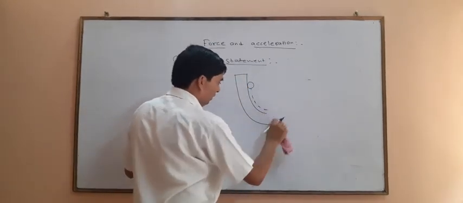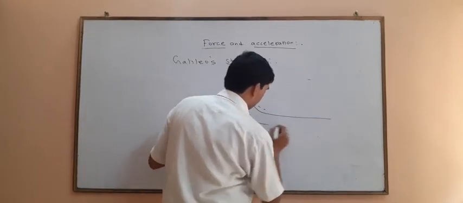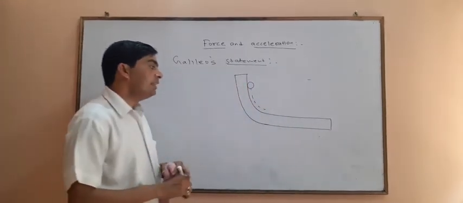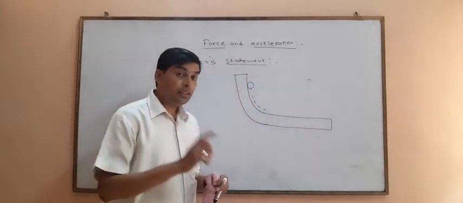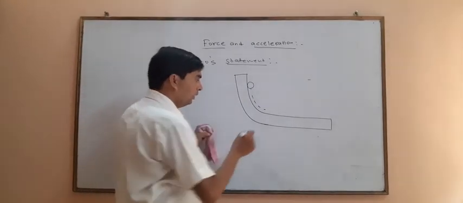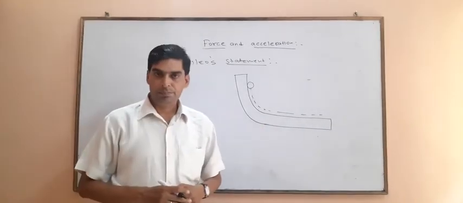changed now, the surface is made flat. If this surface is made flat and no external force is working, then according to Galileo sir, the ball will move to such a distance to attain that height.